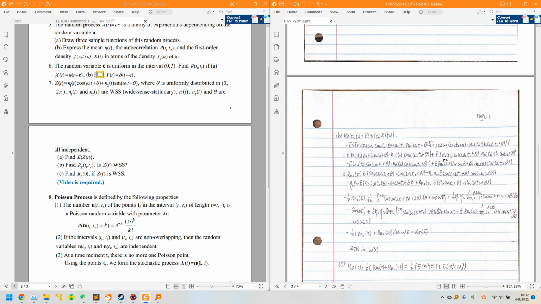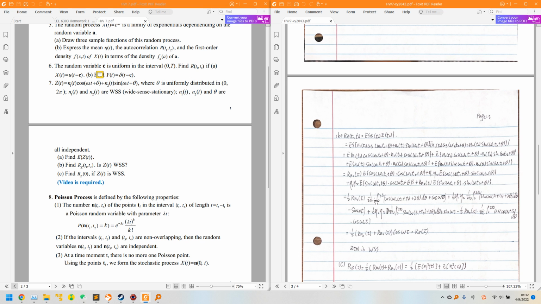The second part is eta 1 times eta 2, and the expectation of this form. For the third part, it's eta 1 times eta 2 times the expectation. And the fourth part is R_n2 of tau times the remaining expectation.